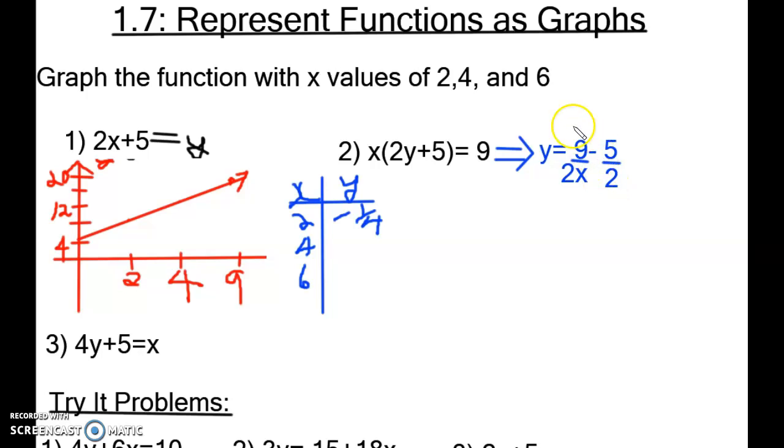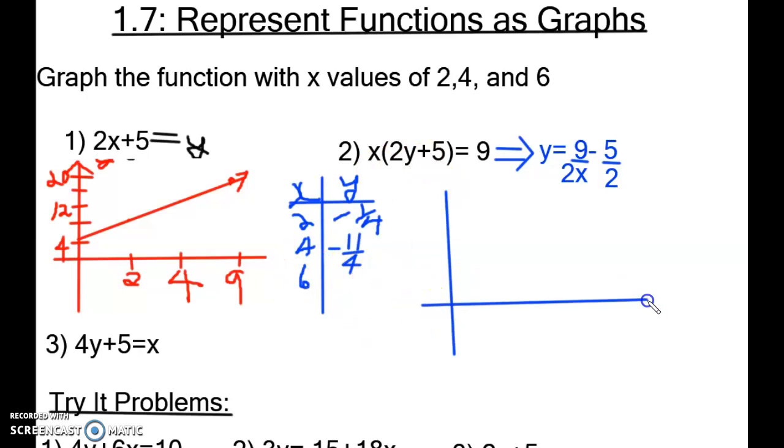So it'd be 9 over 8 minus 20 over 8, which would be negative 11 over 8. Right, so I'm not even going to bother with the 6 value because we already know it's decreasing.